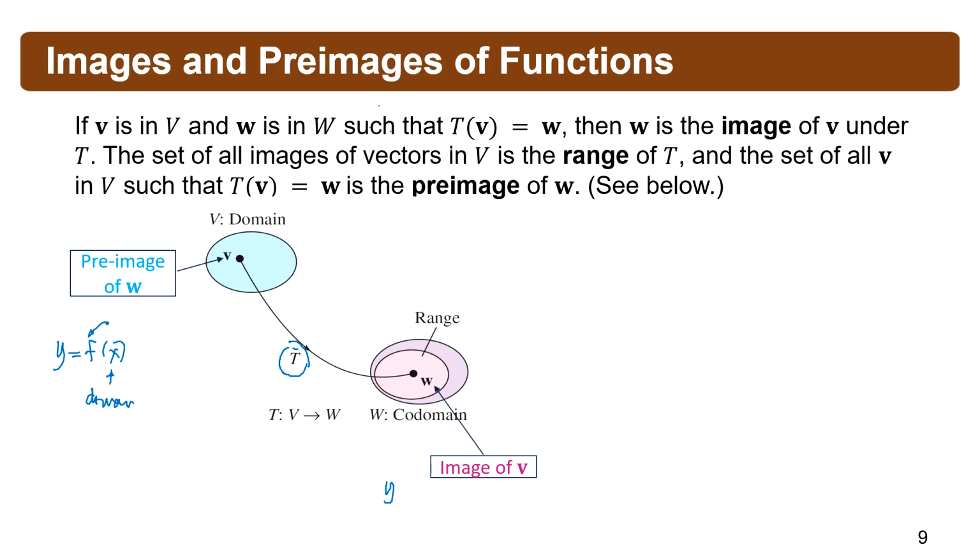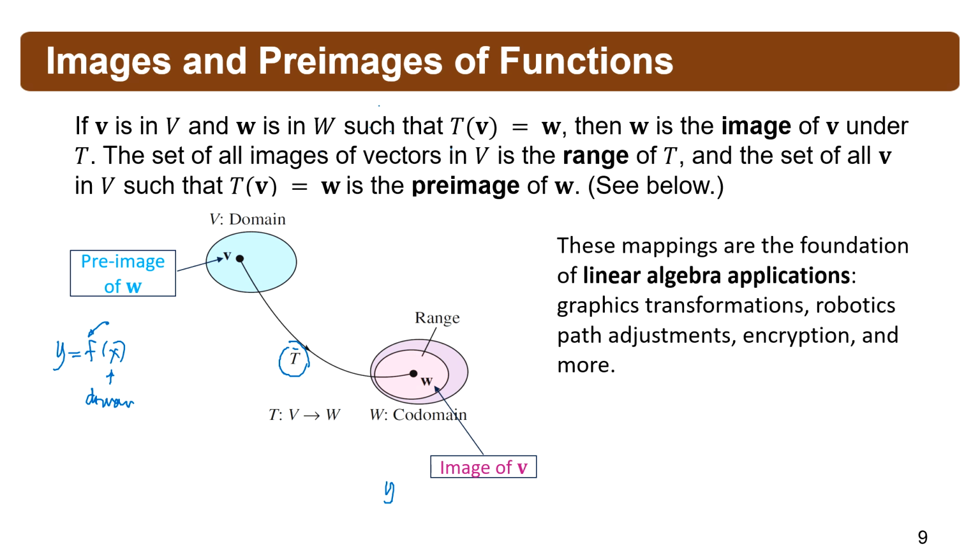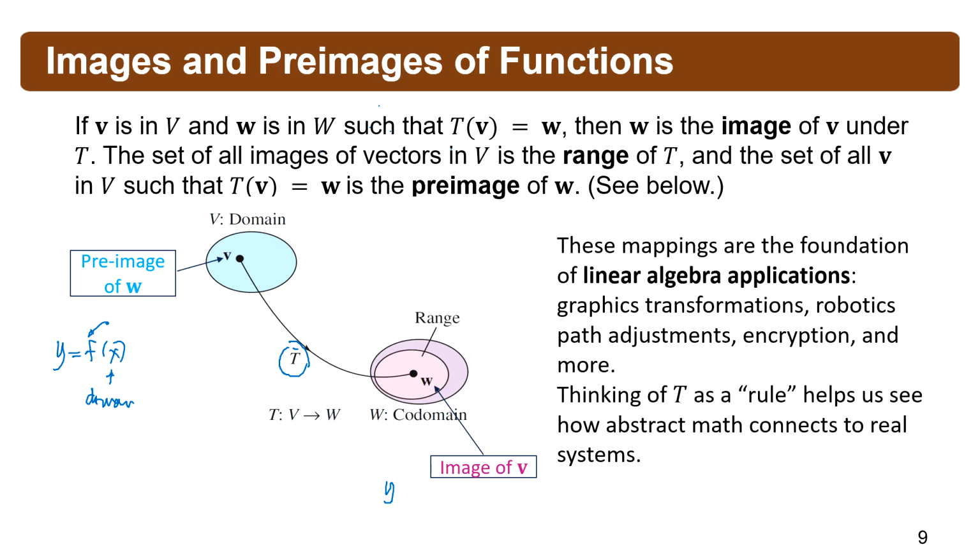So these mappings are the foundation of linear algebra applications: graphics transformations, robotics path adjustments, encryption, and a lot more. Think of T as a rule that helps us see how abstract math connects to real systems. If we have y equal to f of x, for us to get a parabola, we should have a particular rule.